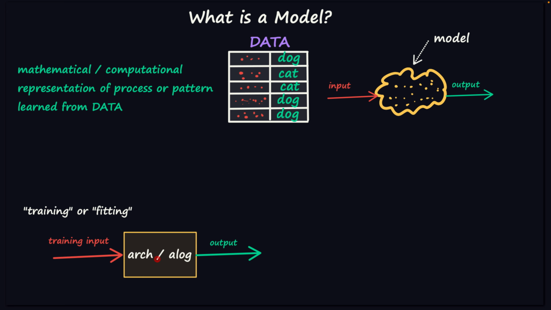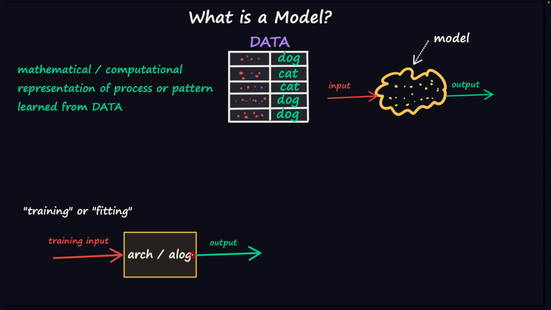Then we will provide the inputs, and for each input, the expected output. Now go and figure out what you need to do internally to give me this output for this input. We call this process training or model fitting. The training process will help the architecture or algorithm learn how to map this input to this output.